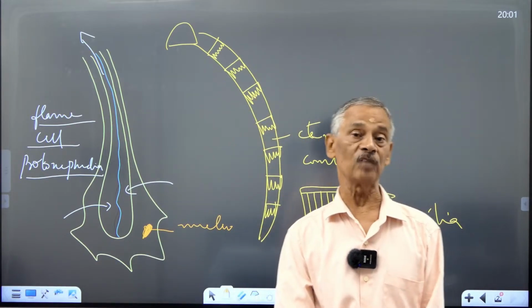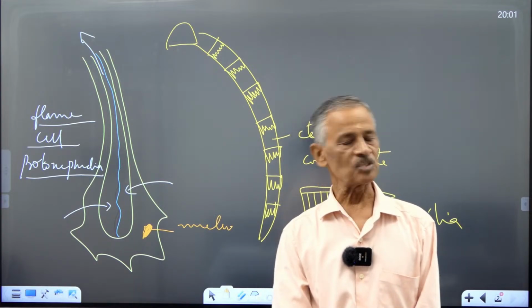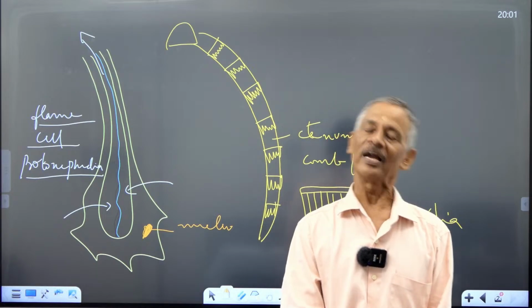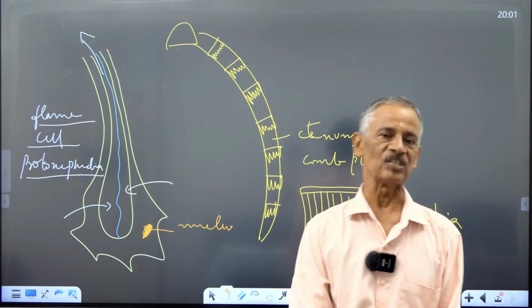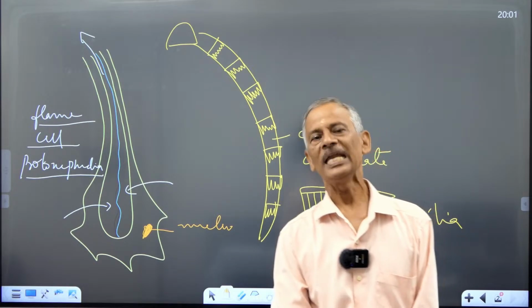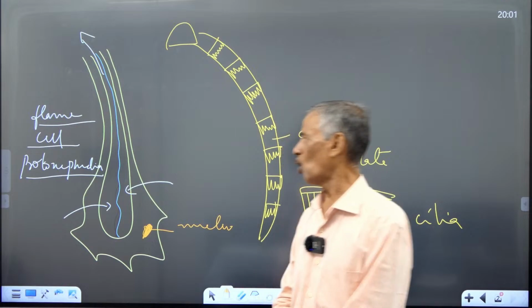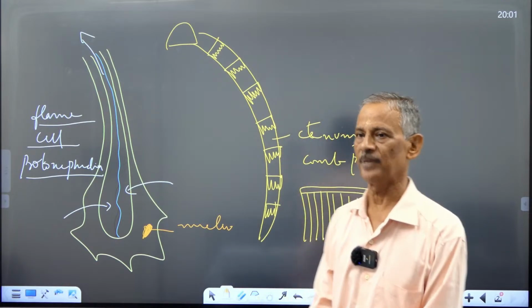There is a need for a special structure for excretion. Waste material from the parenchymatous cells cannot diffuse directly outside or inside. So there must be a system for excretion, which is done by protonephridia or flame cells. That is characteristic of platyhelminths.